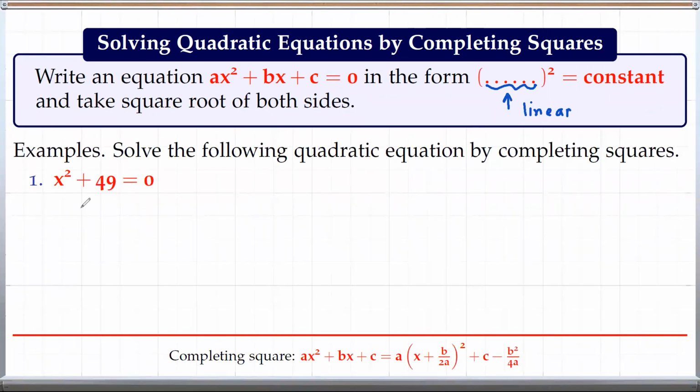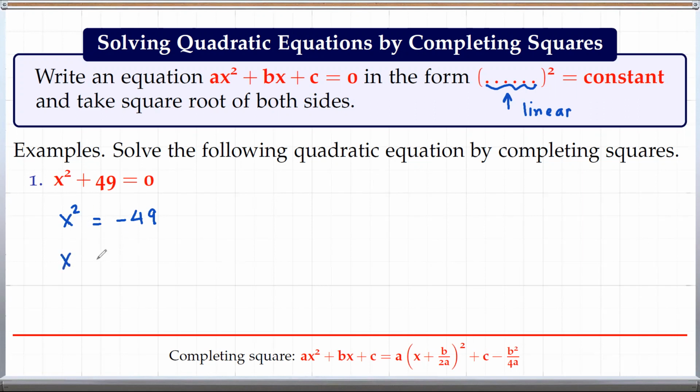All right, so here we want to solve x squared plus 49 equals 0. Now this one is quite straightforward because we can just subtract 49 from both sides. That would give us x squared equals negative 49. So it is already in this format now: some expression squared equals constant. That expression is just x. The next step, we can just take square root of both sides.